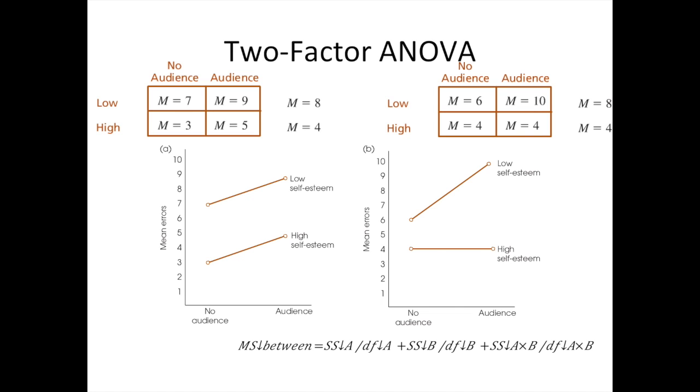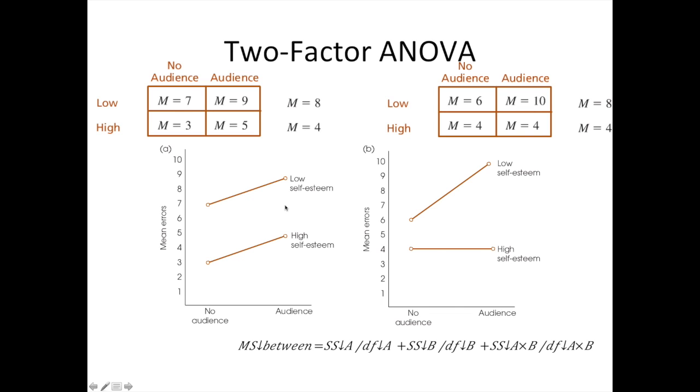If there's a significant difference between the levels of factor B, so what we're talking about here is no audience versus having an audience, then what you'll see is that the mean of the 2 values on the left, so think of that as the number right in the middle of these 2 numbers on the left, in the plot on the left, and the mean of the 2 values on the right are going to be different.